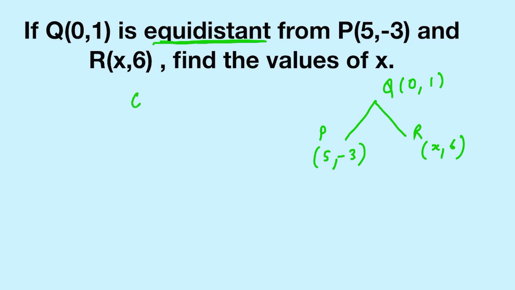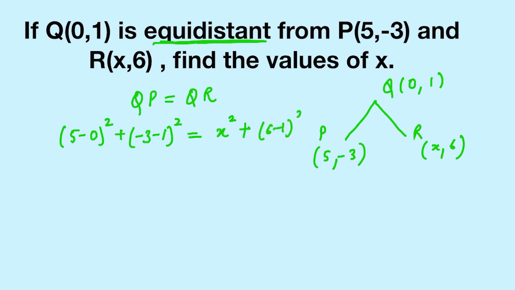So we'll use the distance formula. QP is equal to QR. So further we can say that QP square is QR square. So we apply the distance formula. (5 minus 0) whole square plus (minus 3 minus 1) whole square equal to (x minus 0) whole square plus (6 minus 1) whole square.